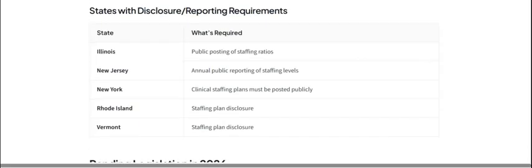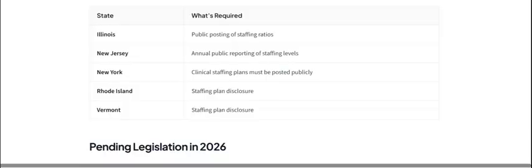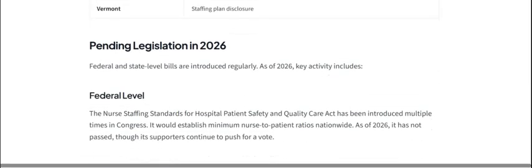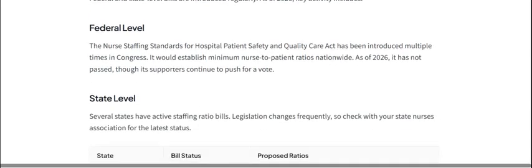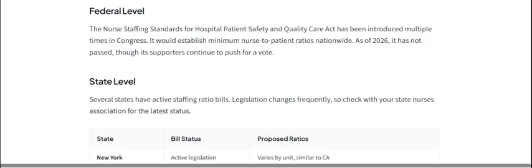So here's some more information about disclosure or reporting requirements, and then legislation. Federal and state level bills, as it states, are introduced regularly. Some of them are revised, some don't go any further. They can come back the next year. So legislation changes really frequently.